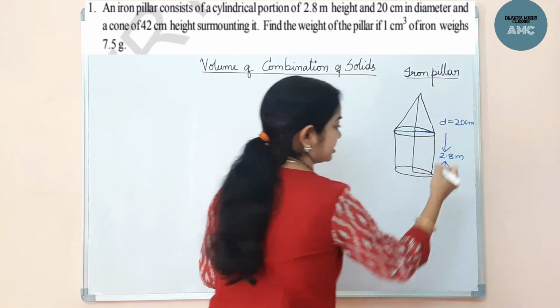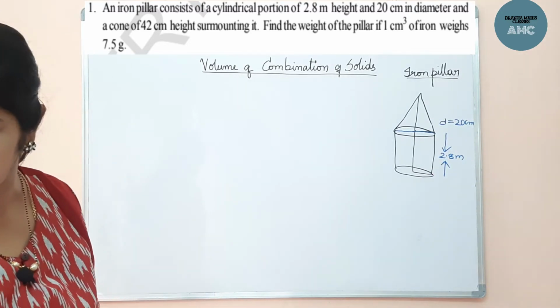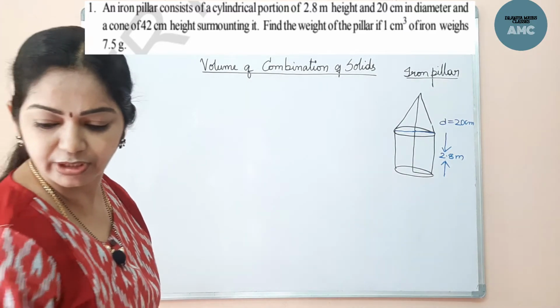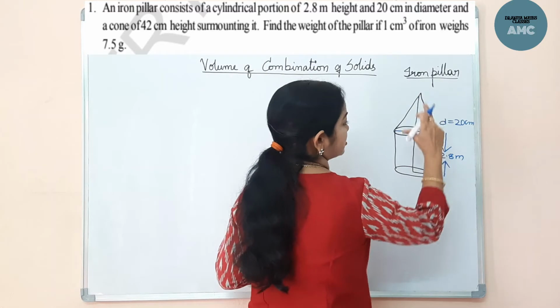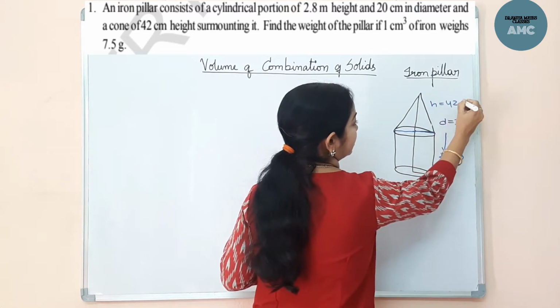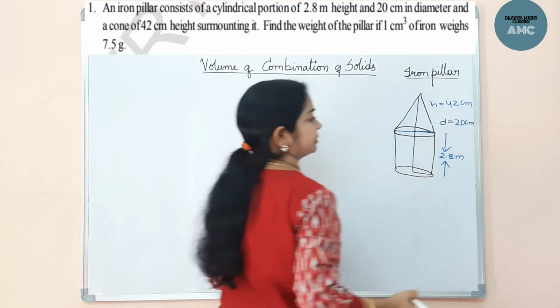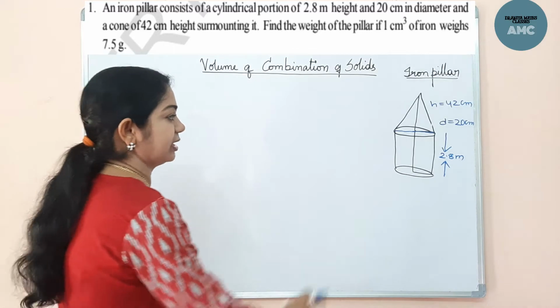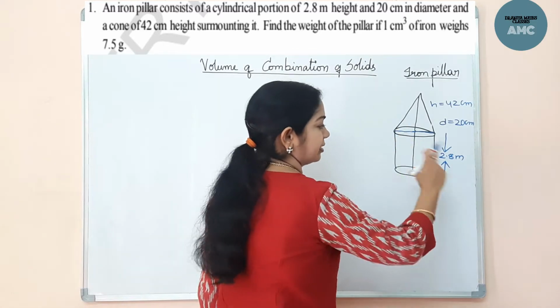Now clearly see, the height is in meters and the diameter is in centimeters. We have a cone of 42 centimeters height. The cone height is also given here. The height is 42 centimeters here.